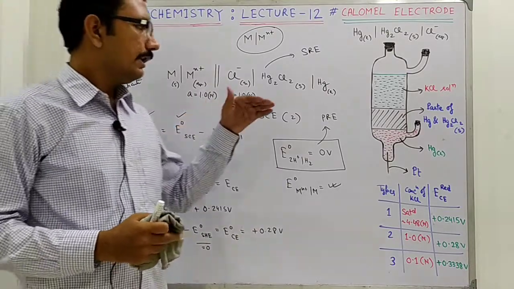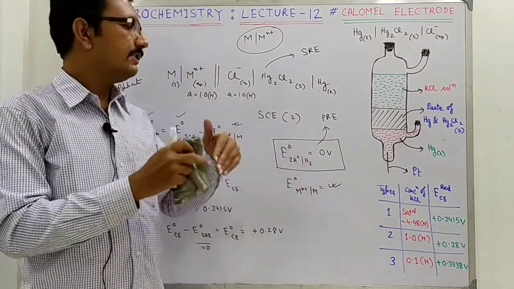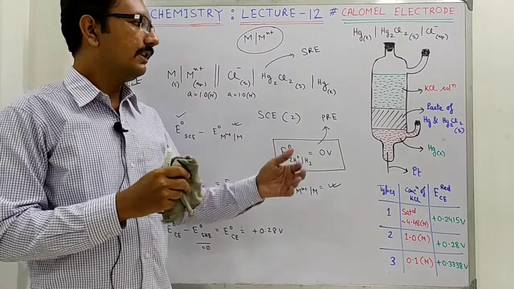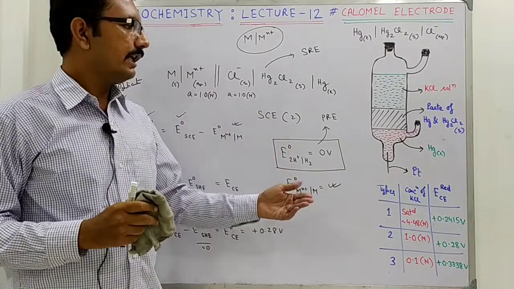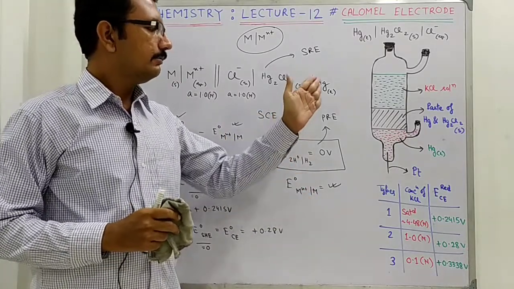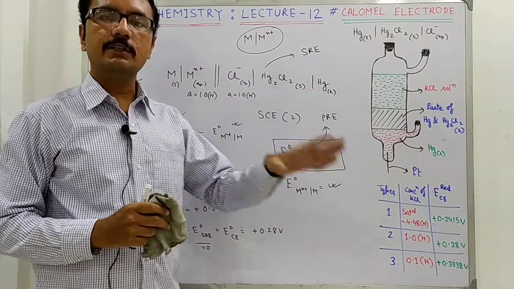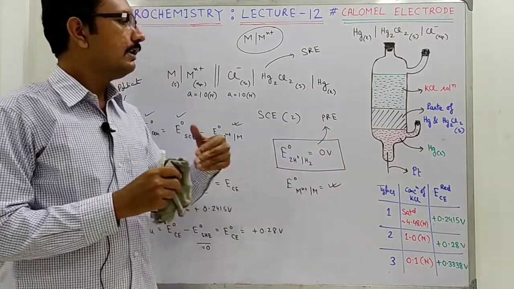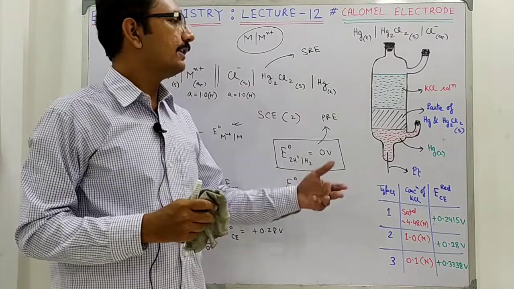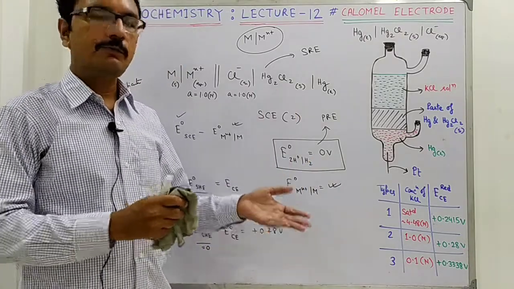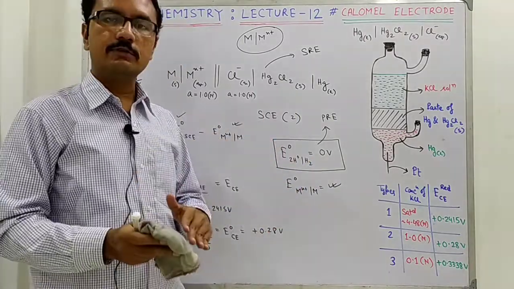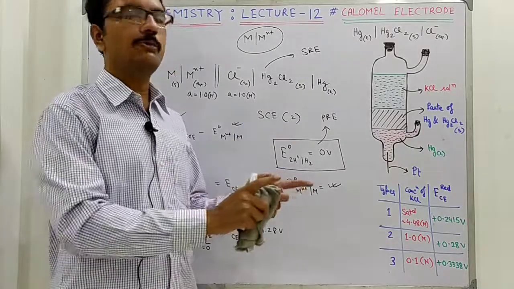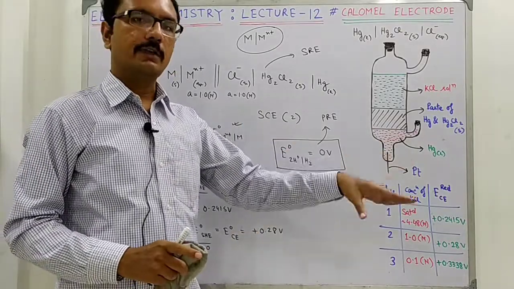Now, it has also some limitations, and that has been tried to overcome in some other reference electrodes, and also maybe there are some system requirements which do not allow the use of Calomel electrode or hydrogen electrode. So, for that purpose we need some other electrodes that have all been grouped into the subsidiary reference electrodes.